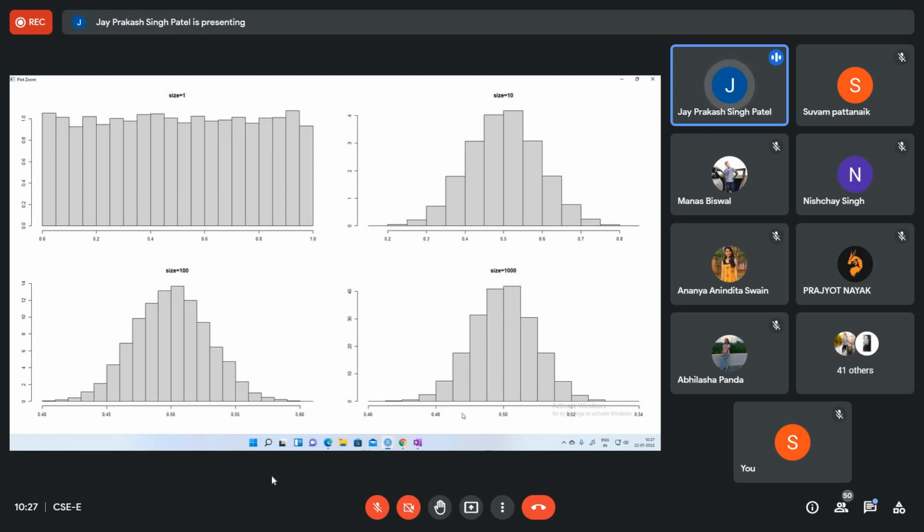Almost 99%, or 99.99% observations are falling between 0.46 and 0.54. So you see, this distribution has also the same mean 0.5, but the variability is very very small because all the observations are between now 0.46 and 0.54. Both these numbers are very close to 0.50.